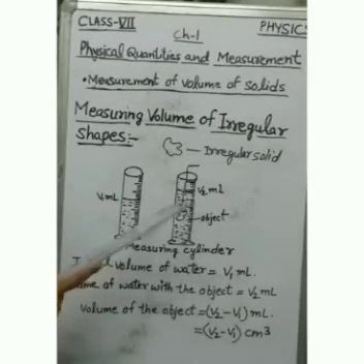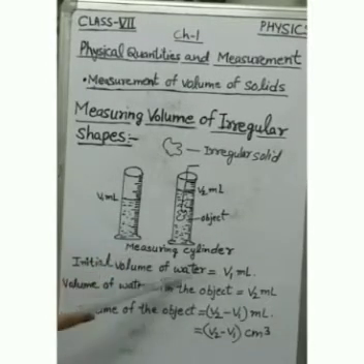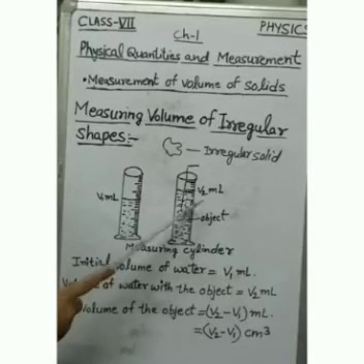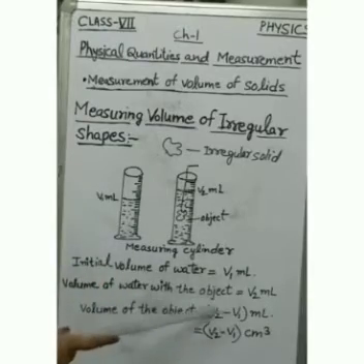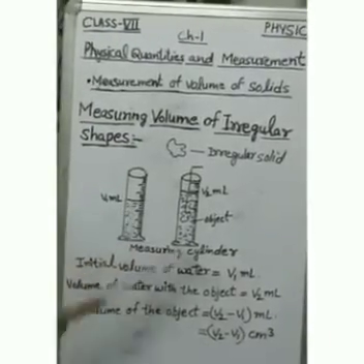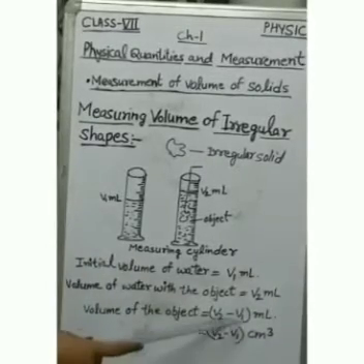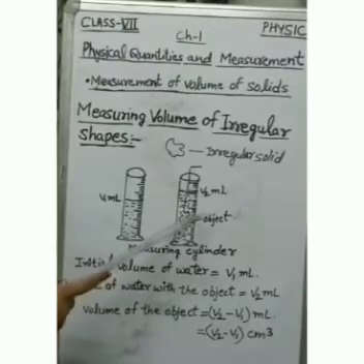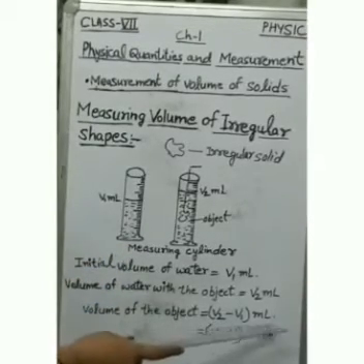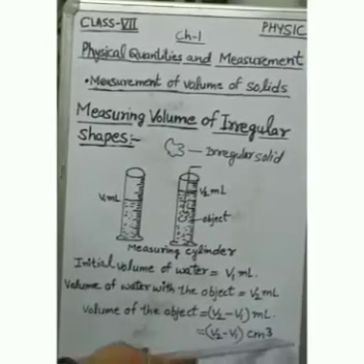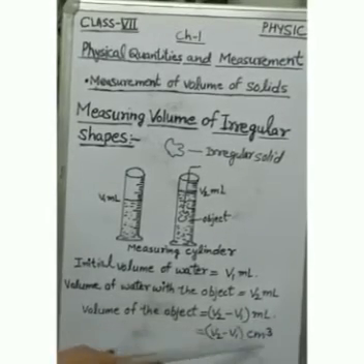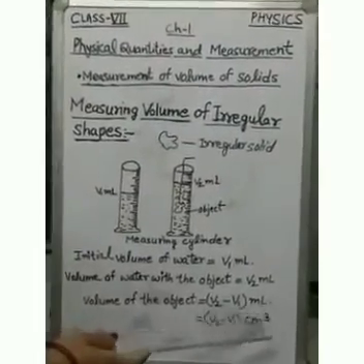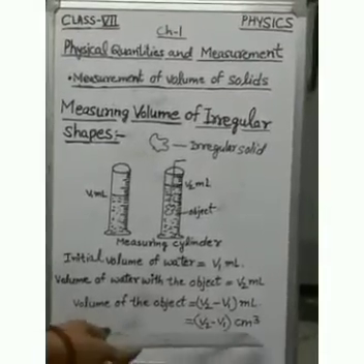So volume of the object, that is the amount of space occupied by this object, will be V2 minus V1 milliliter. This will be the volume of this object. We can also present it in cubic centimeter, because 1 milliliter is equal to 1 cubic centimeter. So we can say V2 minus V1 milliliter or V2 minus V1 cubic centimeter.